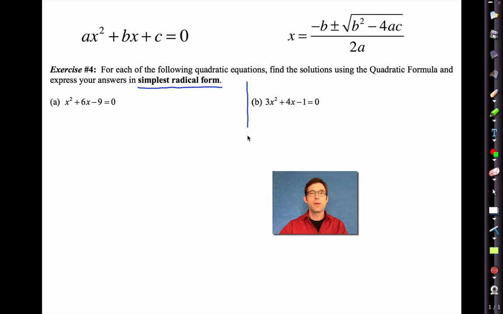So I'm going to put a little line here just to separate the two problems. And let's work through one. Here we have a equals 1, b equals 6, c equals negative 9.